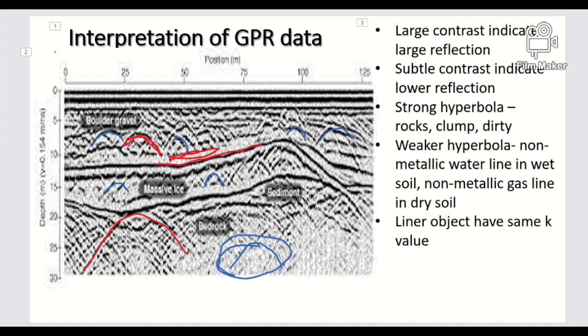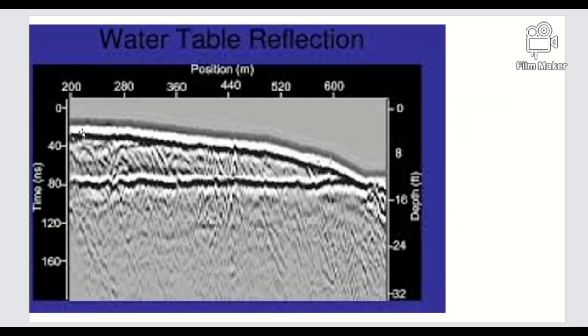If the depth is increased, the reflection will be less received by the antenna. And also we'll see the water line: how can we measure the water table? How can it be reflected? This is the water table line.